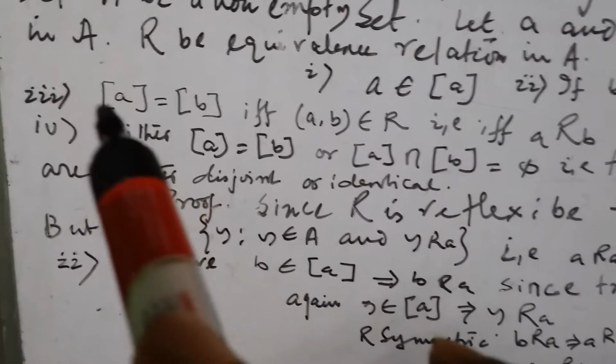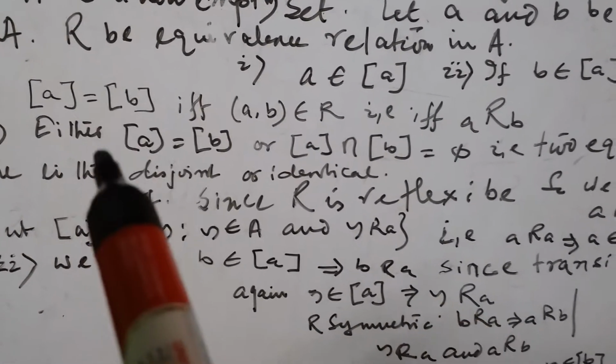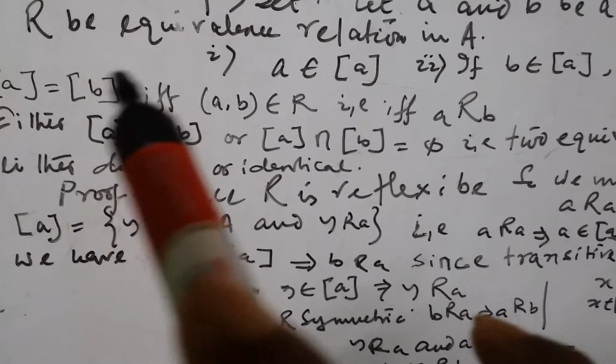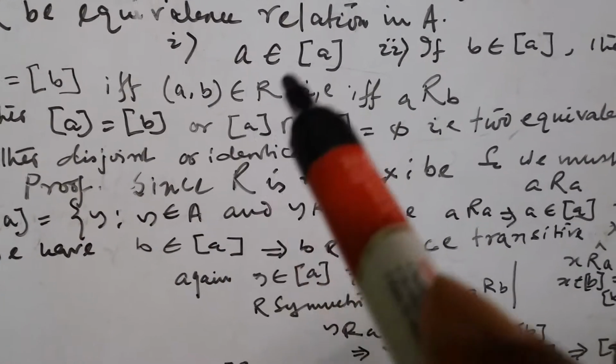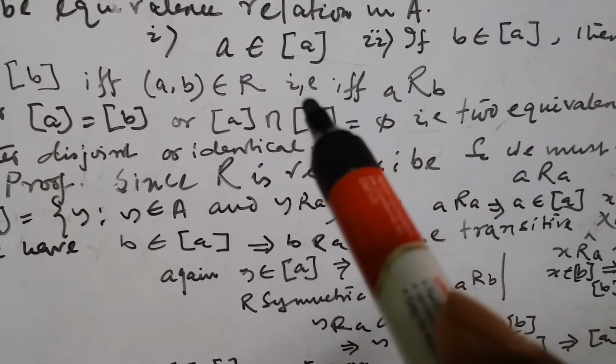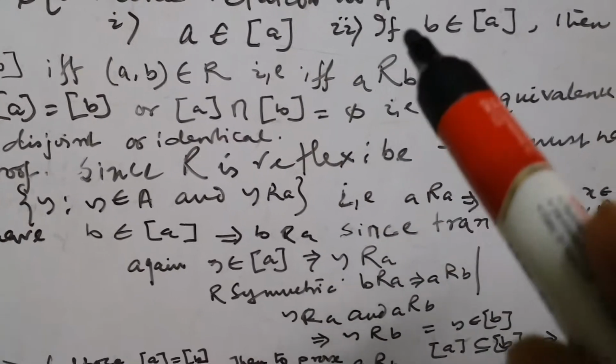Number 3, [a] is equal to [b] if and only if (a, b) belongs to R, that is, if and only if aRb.